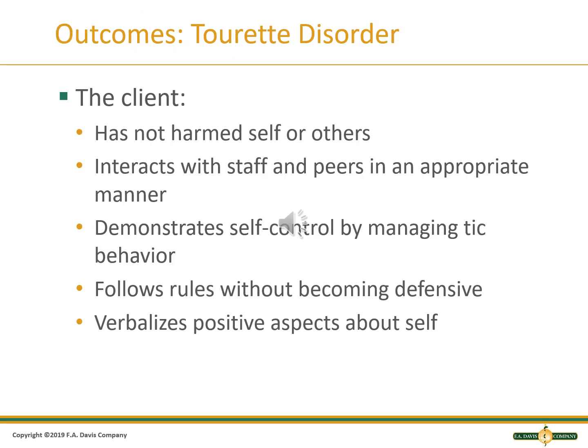So the outcomes or goals for our Tourette's disorder. So we want to make sure that it's a safe environment, the client is safe, and those around the client are safe. The client should be able to interact with staff and peers appropriately, demonstrate self-control by managing their tic behavior, verbalize positive aspects of themselves, and follow rules without becoming defensive.